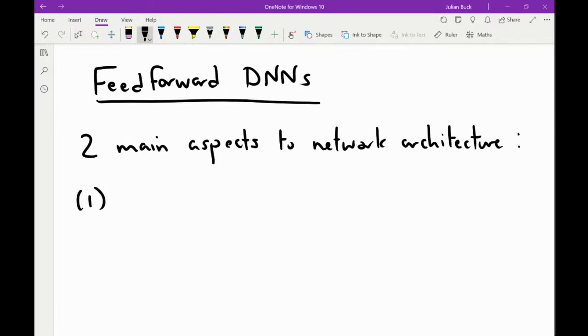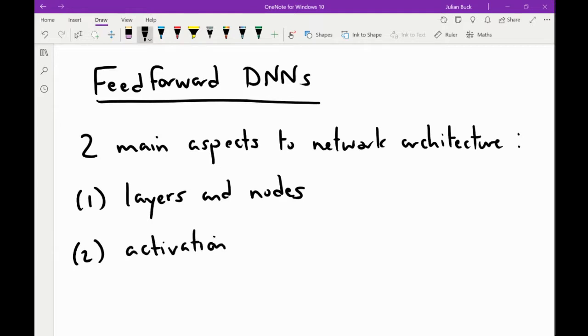They are layers and nodes, and activation functions. The activation functions are where a lot of the richness comes from, a lot of the flexibility of neural networks to do various things you want them to do.